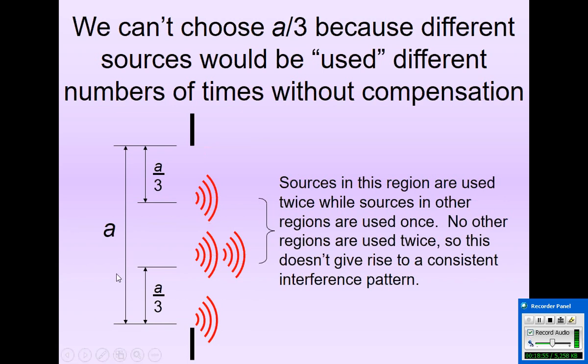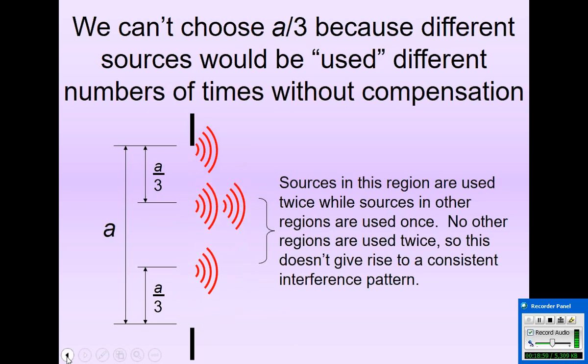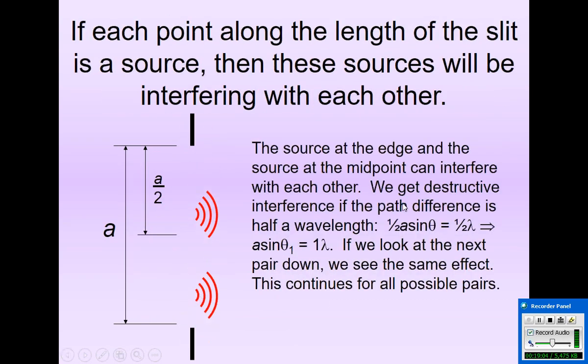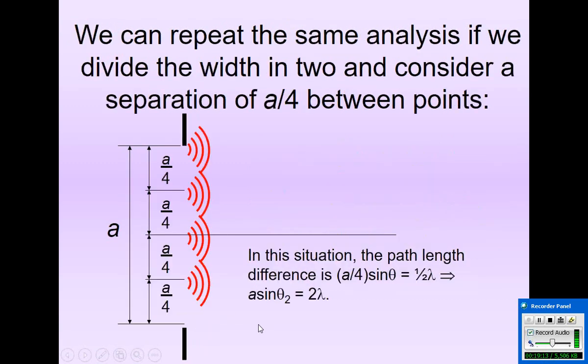And each time we divide it into an even number of regions, like we saw with our 2 slits and our 4 slits, in the case of dividing it into 2 halves, we get a sine theta equals 1 lambda. In the case of dividing it into 4 quarters, we get a sine theta equals 2 lambda.